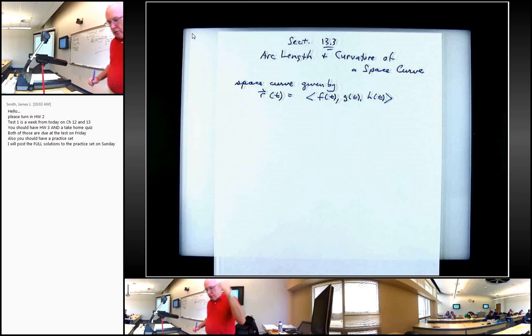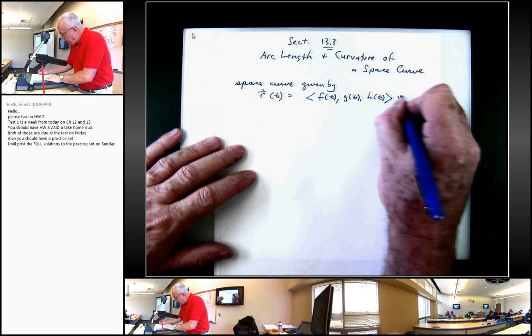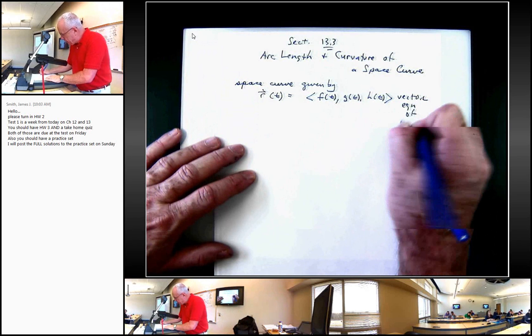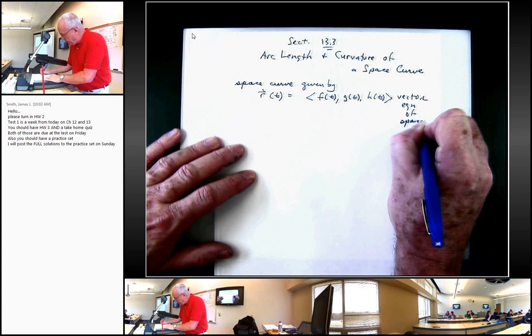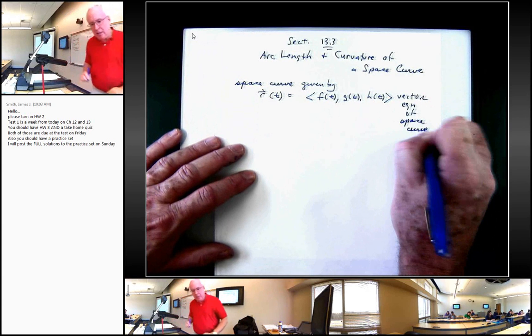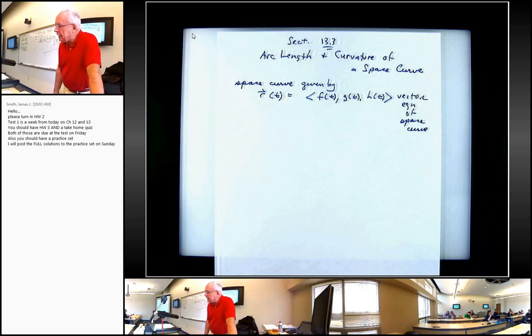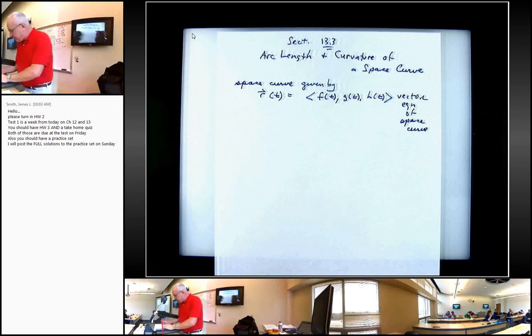This is a vector equation of the space curve. We can also then get a parametric equation of the space curve.